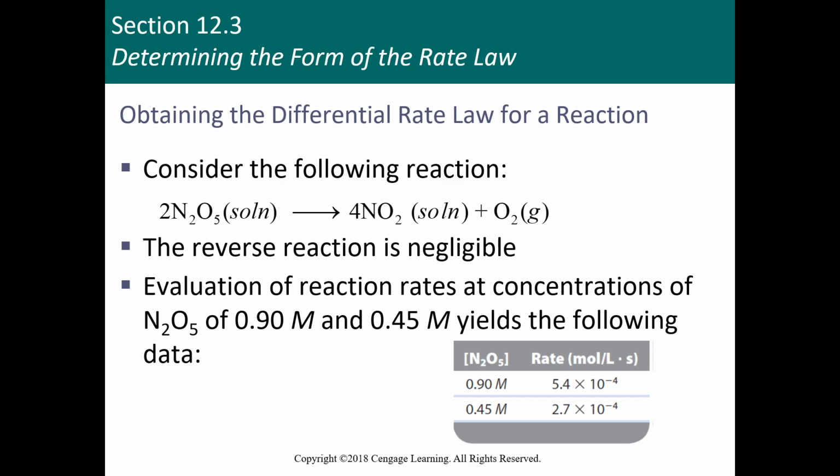So, how can we get our differential rate law for a reaction? Let's consider this reaction. We have our N2O5, that's the reaction from the top there, by the way, and that's going to the NO2, which 4 NO2s are being made every time 2 of these break apart. Every time 2 of these break apart, we know that a single O2 is made.